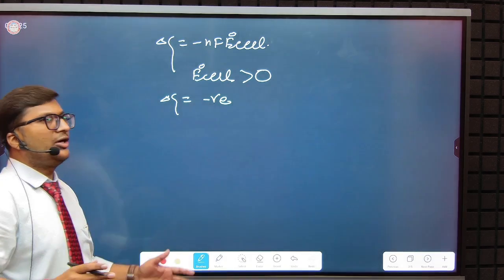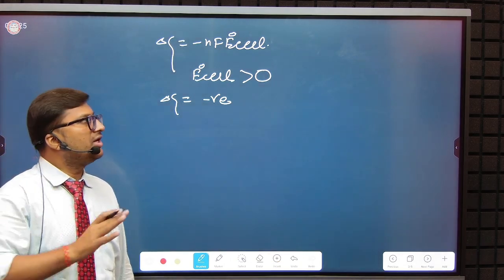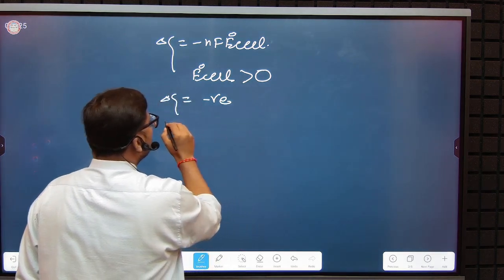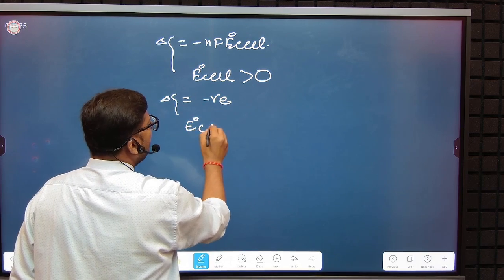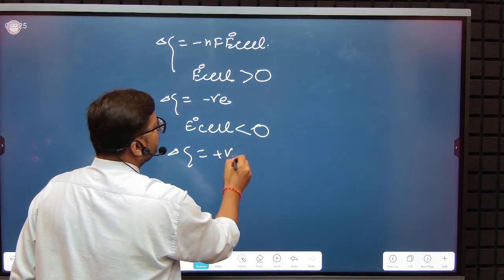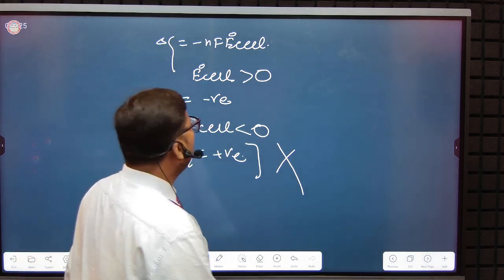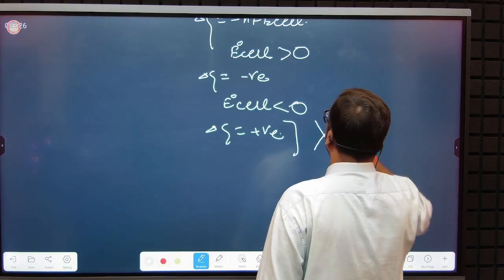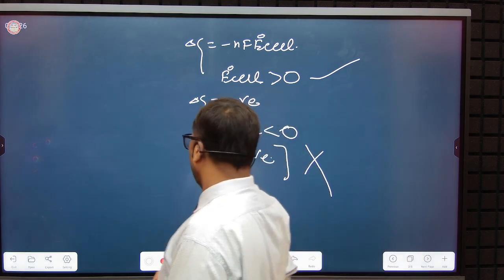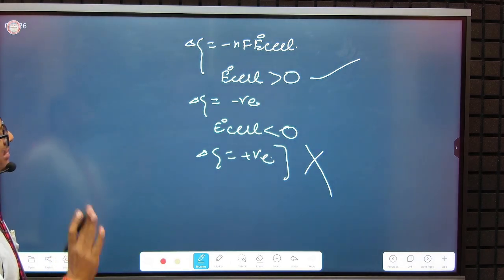It means the electrochemical cell undergoes spontaneous reactions and converts chemical energy into electrical energy. And if E cell is less than 0, delta G is positive. Now the electrochemical cell does not work, but in this case, the electrochemical cell works, right? So E cell must be positive for spontaneous reactions, right?